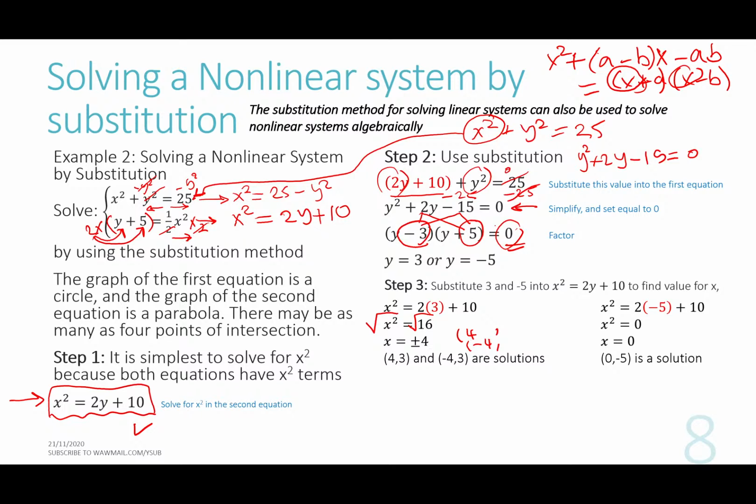So the solution set will be this one and this one and this one. If you draw this, you will find these as an intersection point between the two equations.